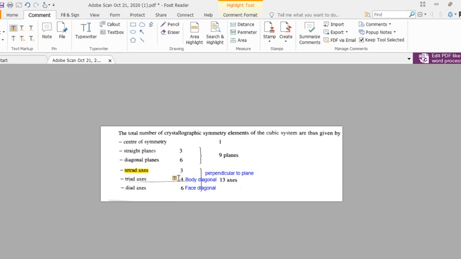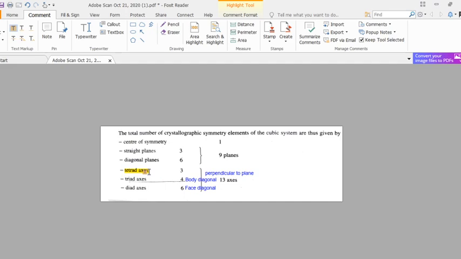Then there is a list of 3, 4 and 6. I had written something for you, that is perpendicular to the plane, the body diagonal and the face diagonal. The figures are given in the book, and the tetrad axis which is perpendicular to the face.